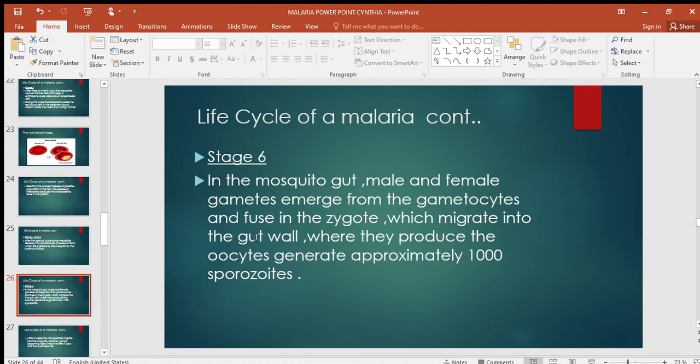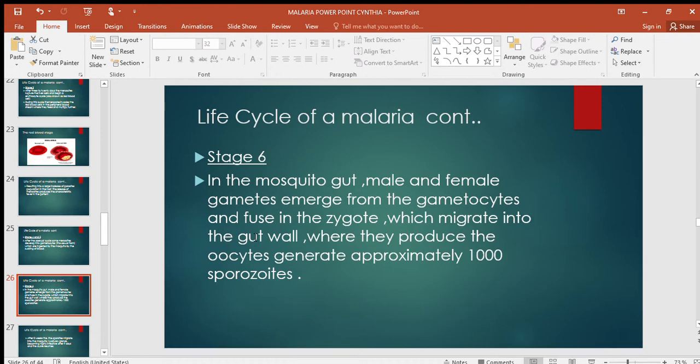The male and female gametes emerge from the gametocytes and fuse into a zygote, which migrates into the gut wall, where it produces the oocysts, which generate approximately 1,000 sporozoites. So the 6th stage is happening in the mosquito.